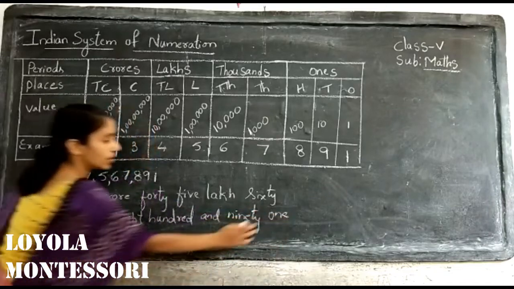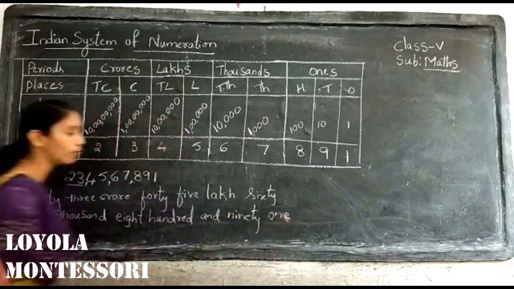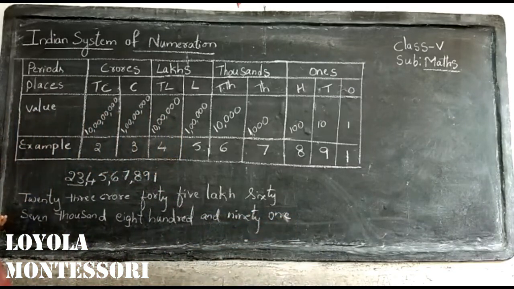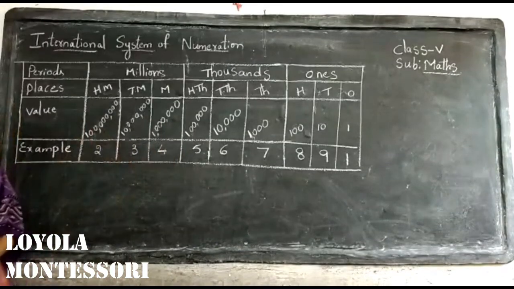So this is the number name in the Indian system of numeration. Is it clear, children?